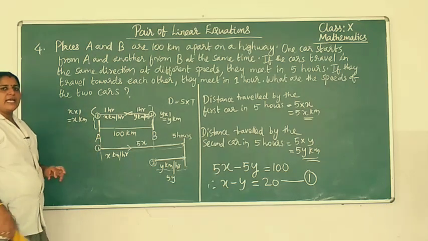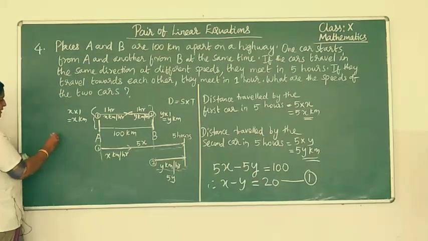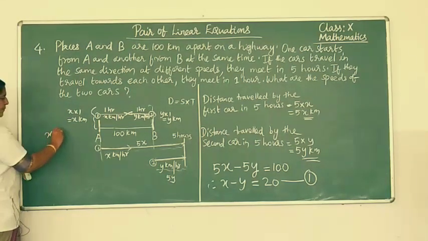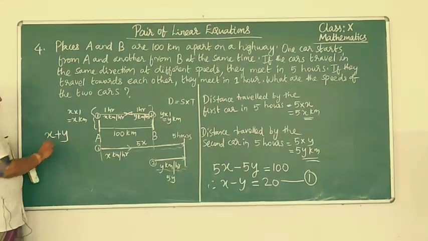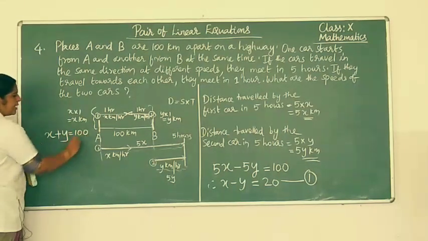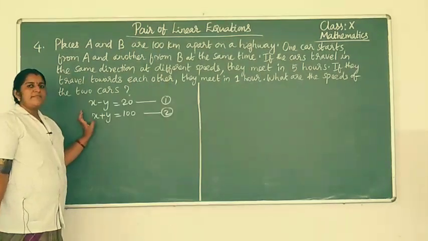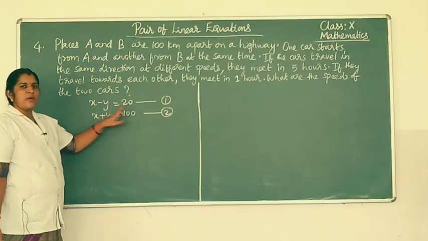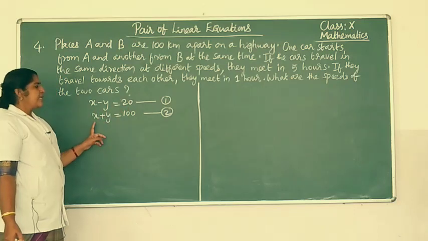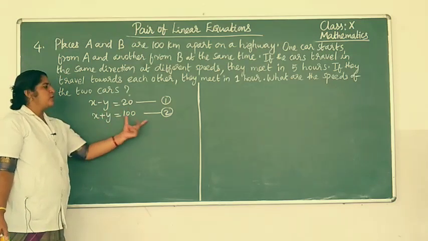So that is our second equation, x plus y equal to 100. This is our equation number 2. The first equation is x minus y equal to 20, and the second equation is x plus y equal to 100.